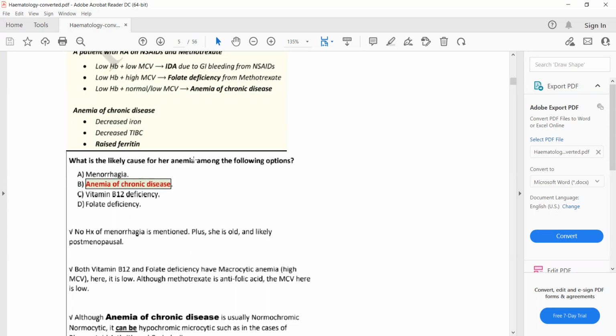So that's why free iron is decreased, and because of release of inflammatory cytokines, the storage form of iron is increased, so ferritin is raised, and the bound form of iron is also increased. And because all the receptors of iron binding proteins are occupied, total iron binding capacity will be decreased.